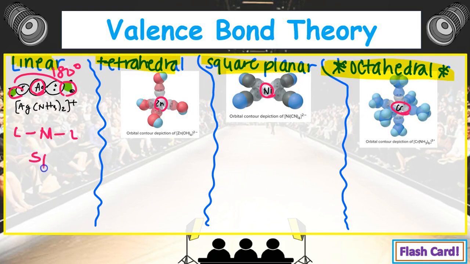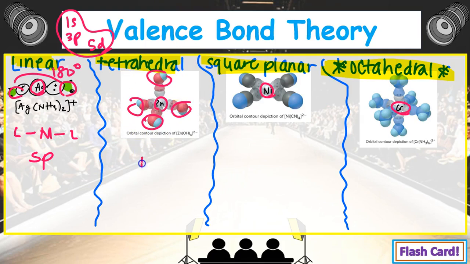And these are going to be taking an s orbital and a p orbital. I just want to remember that there's always 1 s orbital, 3 p orbitals, and 5 d orbitals. Because we're dealing with transition metals a lot, yes, you will see d orbitals come into play here.